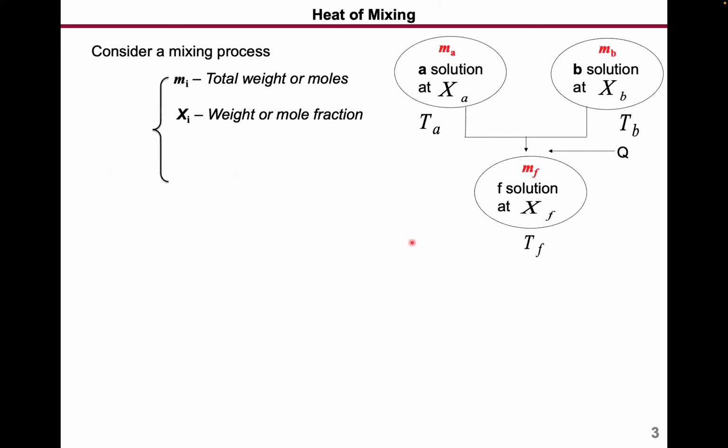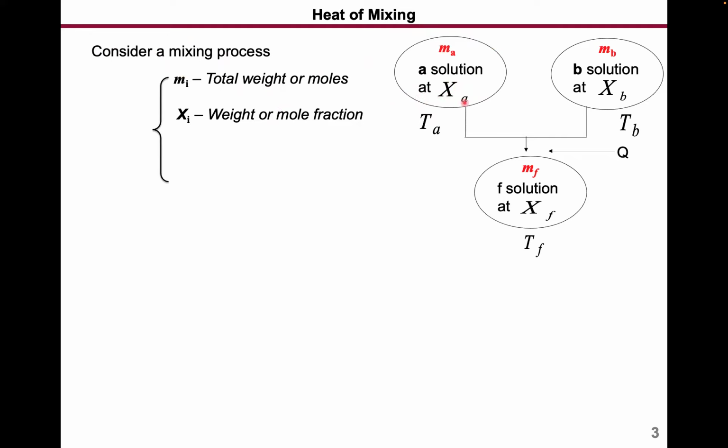Okay. All right. First, heat of mixing. Here, we are really talking about a physical mixing process, right? We are not talking about a reaction yet. Okay. So in this particular case, let's consider a chemical mixing process. Let's say to start, we have a solution at XA.